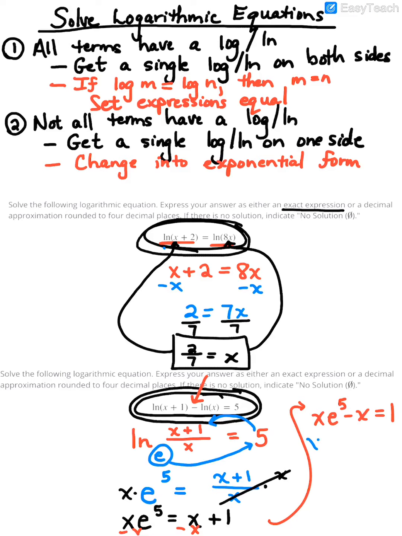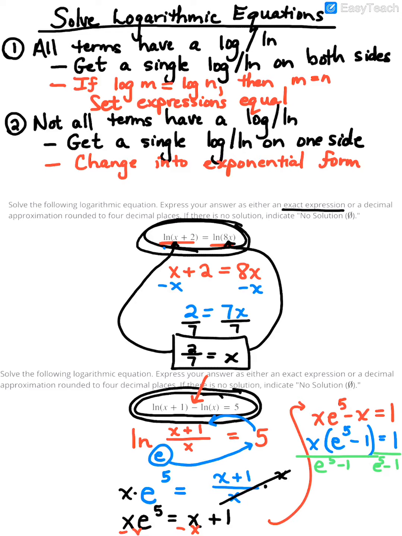I will factor it out and put my leftovers in parentheses. So I have x times e to the 5th minus, when I factor the x away, I'm left with a factor of 1 there. And then finally, to get x by itself, I will divide both sides by e to the 5th minus 1.